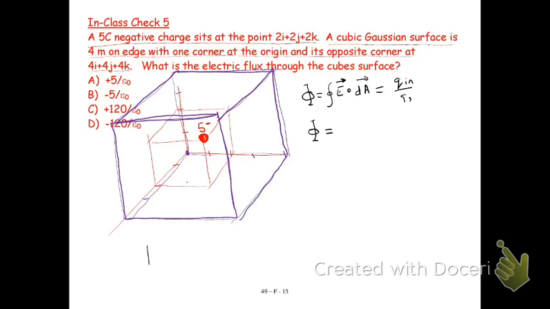If I look at it from the side, this is 0 and that's 4, and that's 0 and that's 4. And this one was at 0 and 2. So it's definitely inside. Then in that case it's minus 5 over epsilon naught newton per coulomb meter squared.